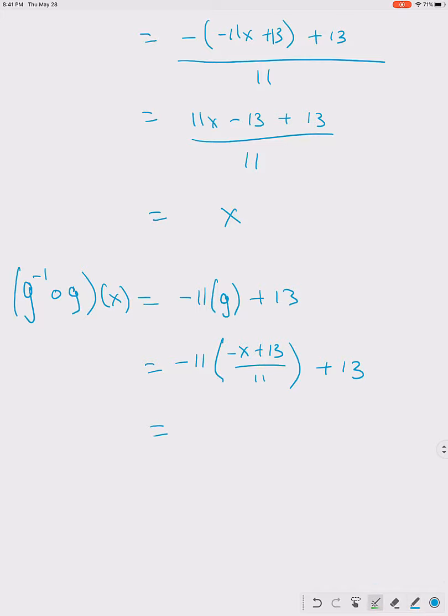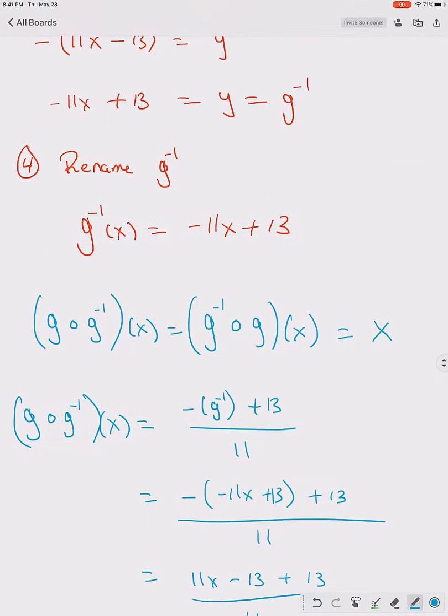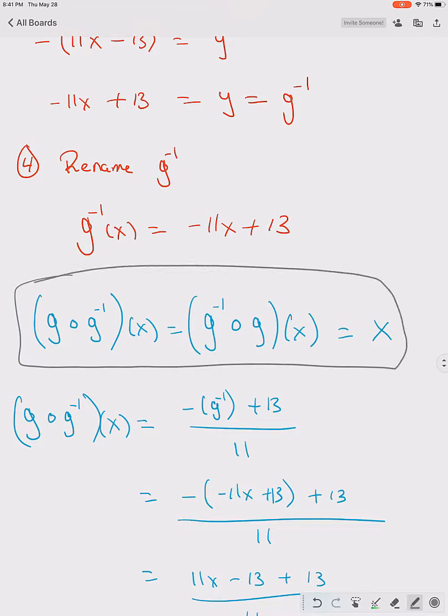If I distribute this negative 11 inside the bracket, this 11 and this 11 will cancel. So I get x minus 13, and then plus 13. And sure enough, that's also equal to x. So that way I know for sure that I have the correct inverse, because the rule says that an inverse composed with the original function, or the original function composed with the inverse, will always simplify to x.